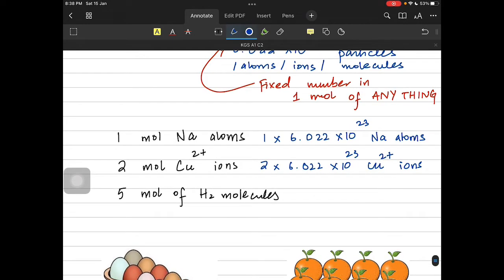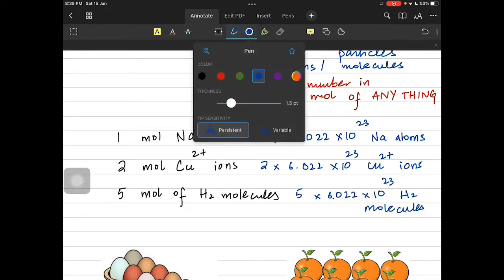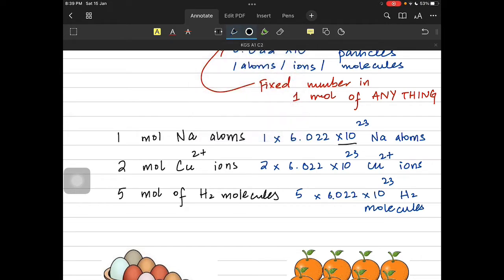And in the case of hydrogen, we'd be having 5 times 6.022 × 10^23 hydrogen molecules. They have one thing in common. Every time the value of 1 mole remains the same. 1 mole of particles is exactly the same value no matter how many moles we are actually dealing with.